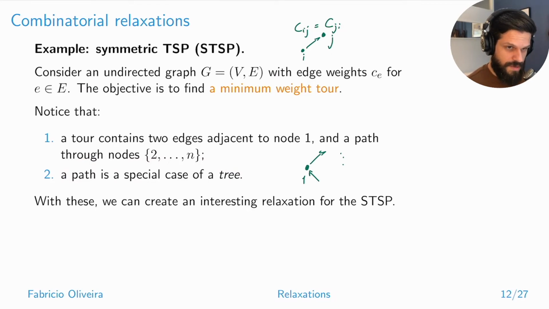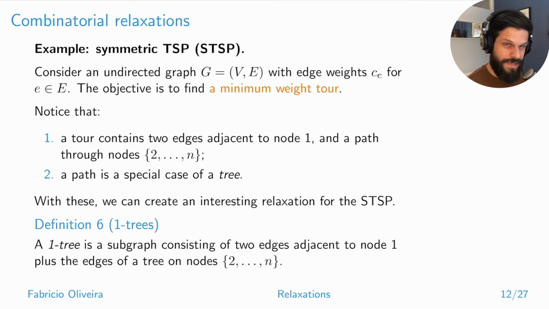So just a quick definition of what is a one tree. Basically, a one tree is a tree on a graph where one of the nodes actually has 2 edges. By the way, what is a tree in a graph? If you have a collection of nodes in your graph, you have some representation that connects all of them.